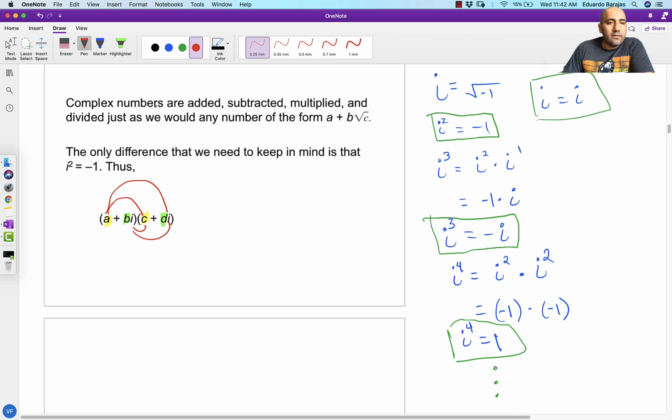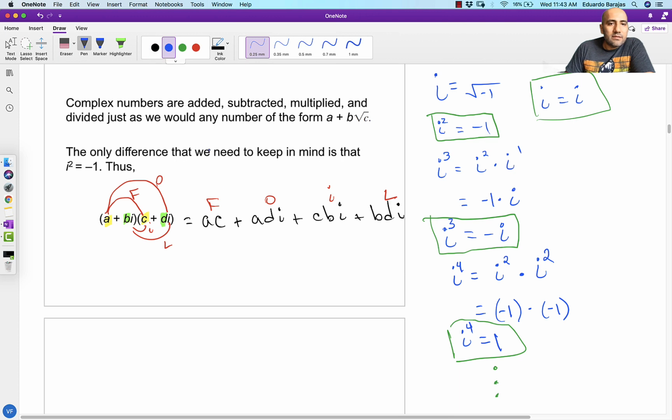This will be equal to a times c plus a times di, a di, plus cbi, that would be this one, and then finally bi times di, bdi. This is the F, the O, the I, and the L. FOIL. Okay, so next we're going to combine like terms.